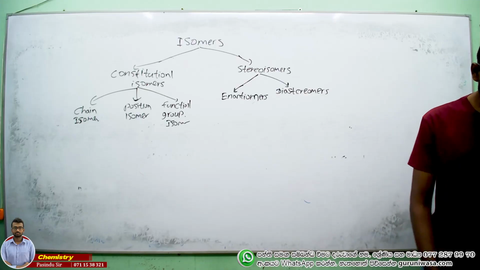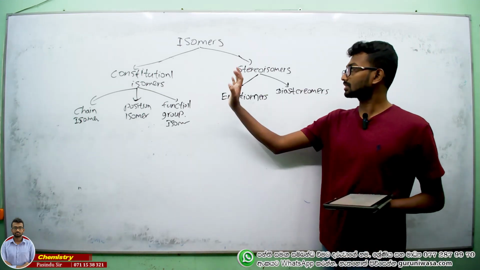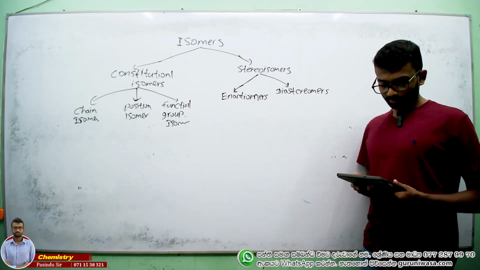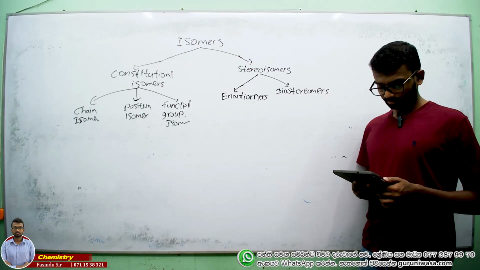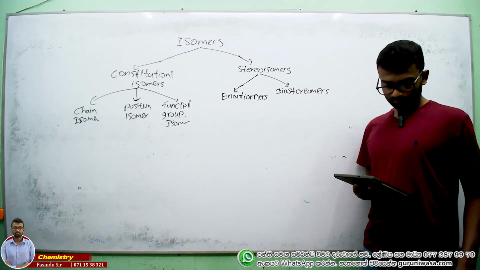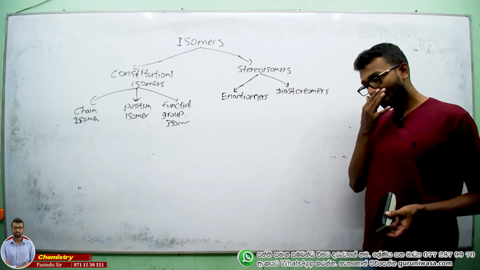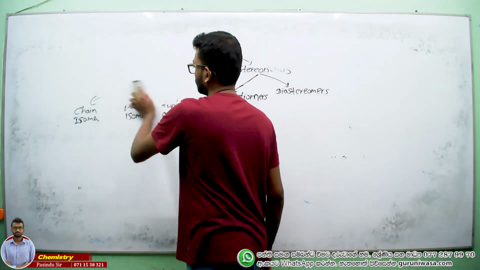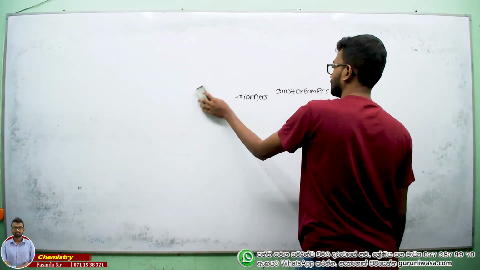Right. So after constitutional isomers, we are done with all those things. Then we have to talk about stereoisomers. Okay. Write down the subtopic stereoisomers. So what kind of isomers are called stereoisomers?